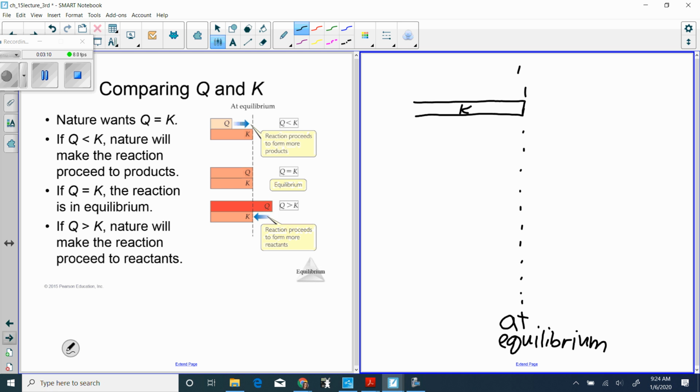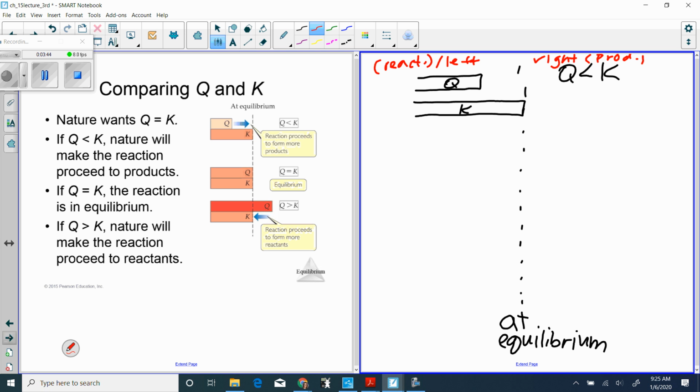If we plug in our numbers for Q, we do our math, we push our buttons, and it turns out that Q is a smaller number than K. Remember, this is left, this is right. The right are the products, the left are the reactants.